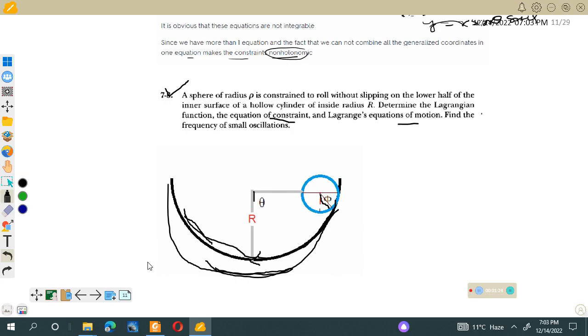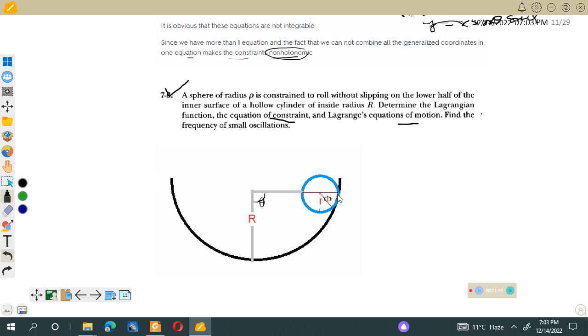The first thing is to find out what constraints are acting and impeding the body's motion.